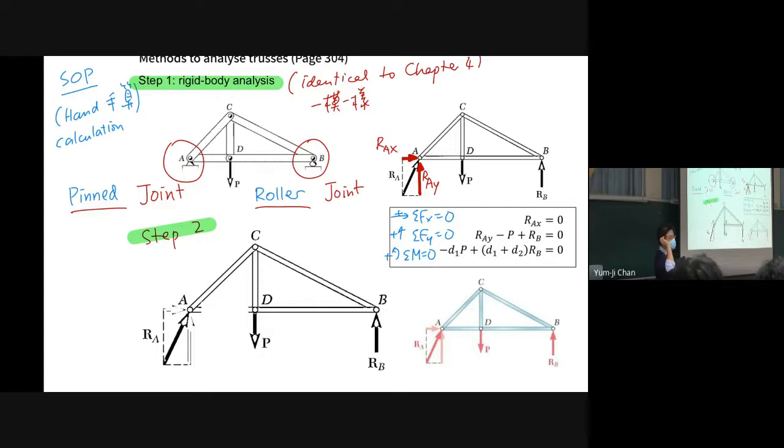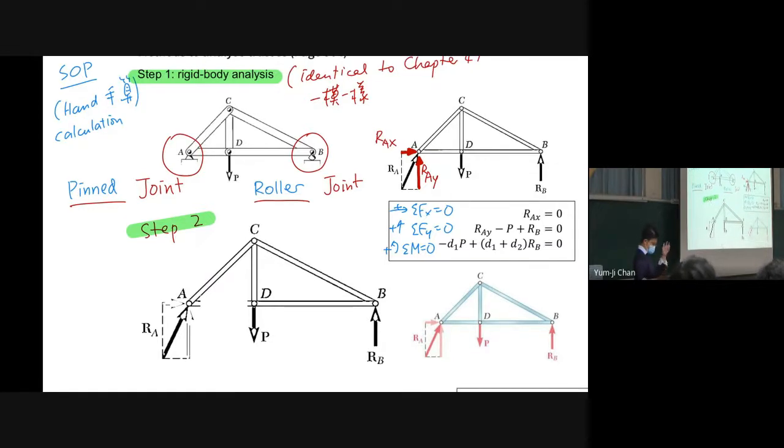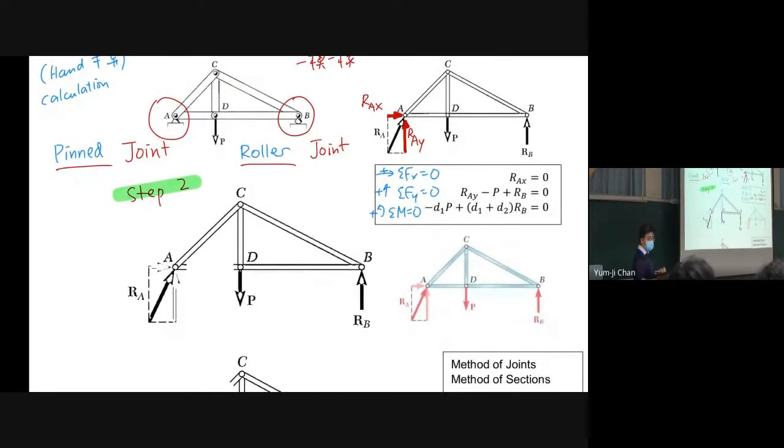Now we come to the second step. We cut the whole truss into two rigid bodies. Rigid body 1 is here, and rigid body 2 is this one.